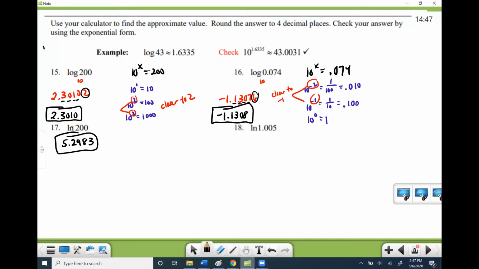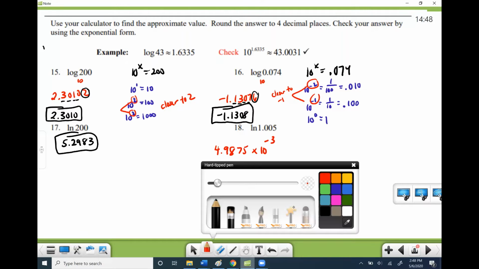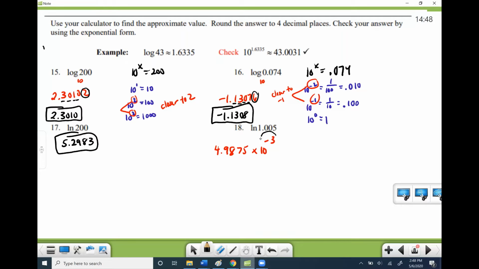Okay, and let's try natural log of 1.005. Oh my goodness, this one's being weird. Okay, I don't know about your guys' calculators because they all give different answers, but mine is saying this times 10 to the -3rd power. Is anybody else doing like an E -3 or something like that? Okay, so that means we have to move our decimal place 3 times to the left.